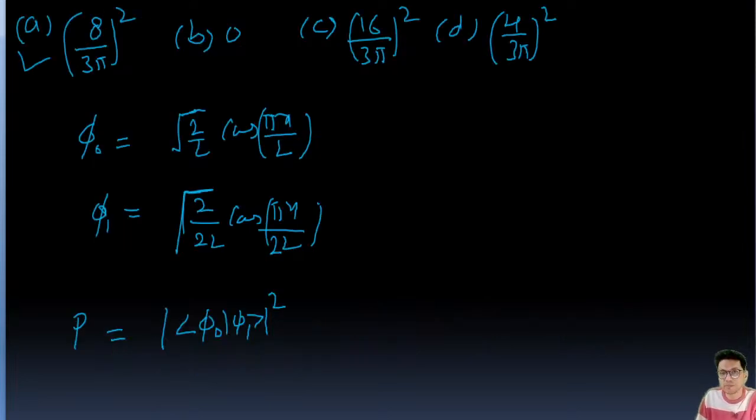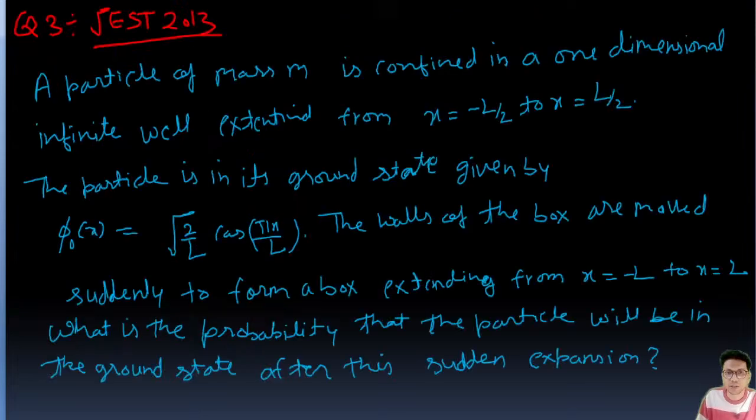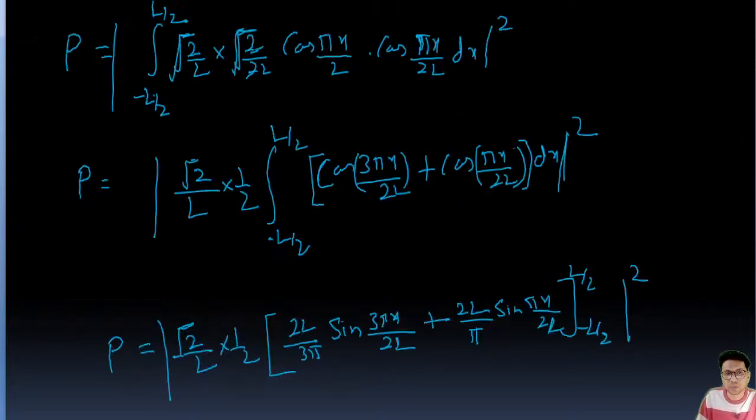Let me just check. Okay, so this is a very simple question and there is only integration. We have just extended the wall, and then we have found the probability of finding the particle in that expression.